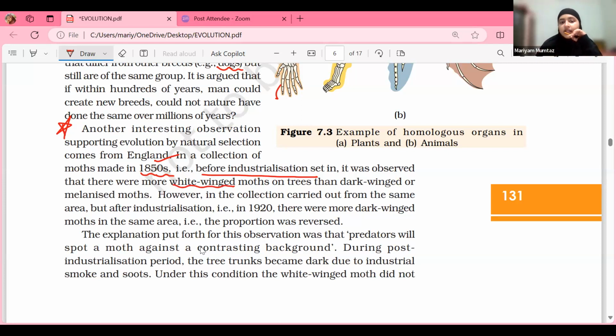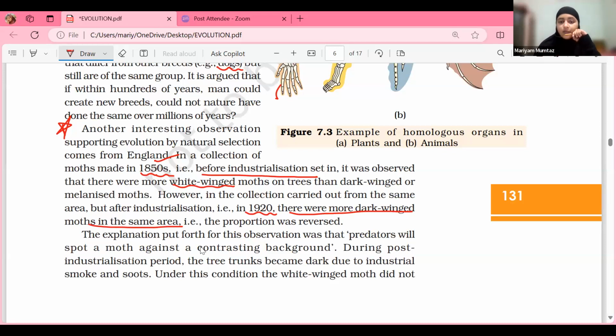Before industrialization, more white winged moths were there on the trees as compared to the dark winged or melanized moths. After the industries were set up, in the year 1920, there were more dark winged moths in the same area as compared to the white ones.